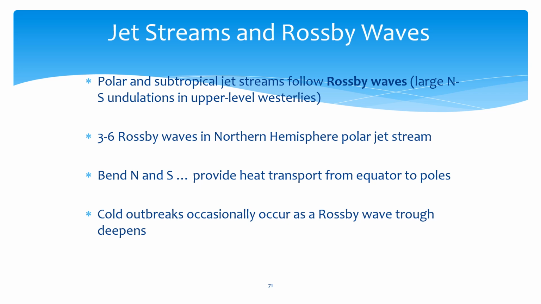They still stay in that set range of close to 30 degrees north and south and close to 60 degrees north and south. But they do this series of undulations, like a series of ridges and troughs, that we call Rossby waves.